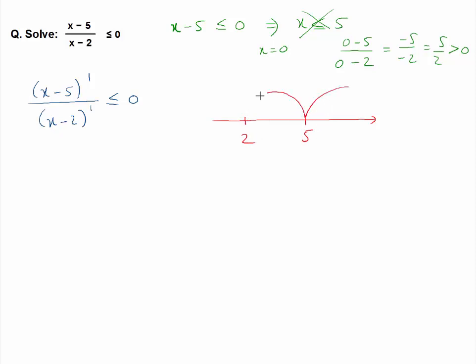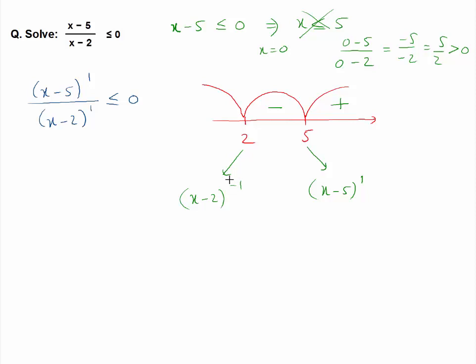Now we draw these shapes and then we start with a plus sign on the right side. Now 5 corresponds to x minus 5 whole to the power 1. The power is odd here, so we will change sign while crossing 5, which will be minus. Now this is x minus 2 whole to the power 1, which if we bring it to the numerator will be x minus 2 whole to the power minus 1.